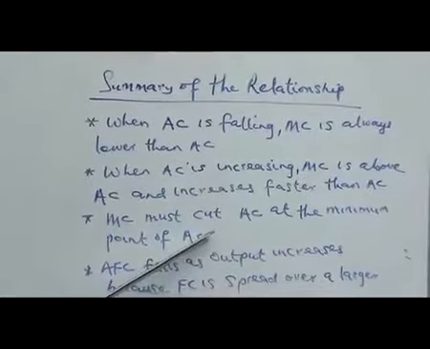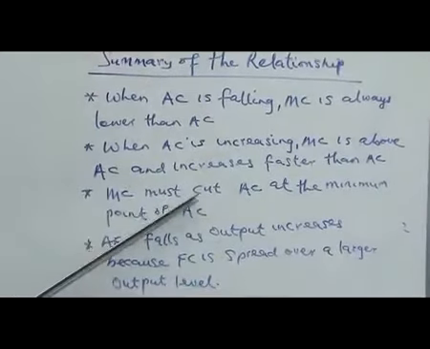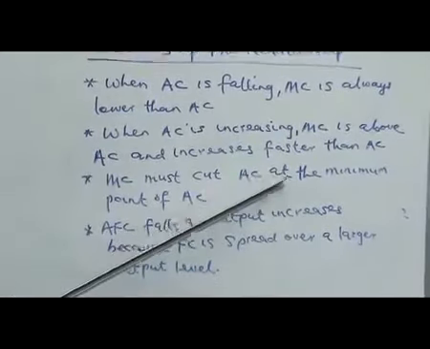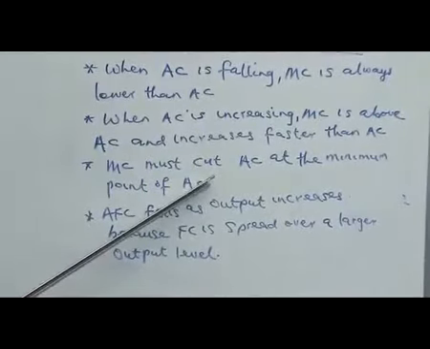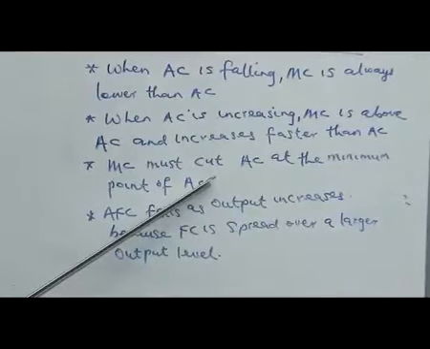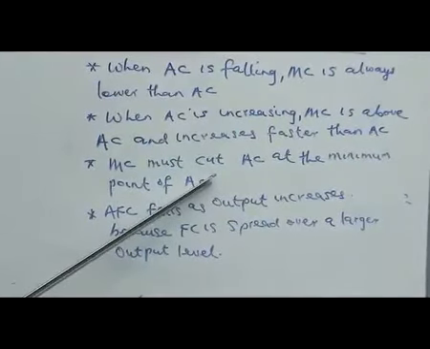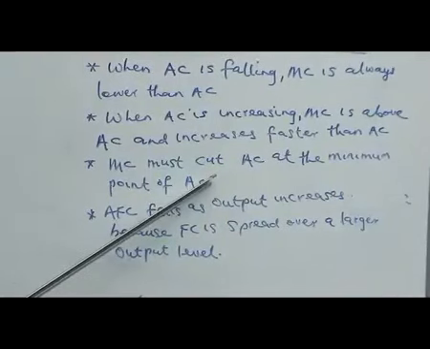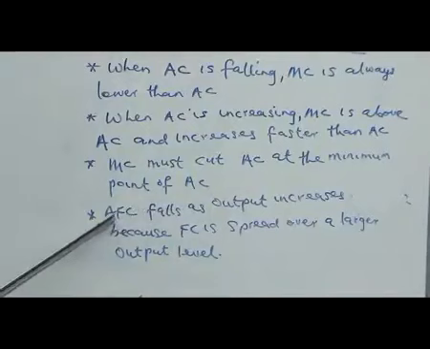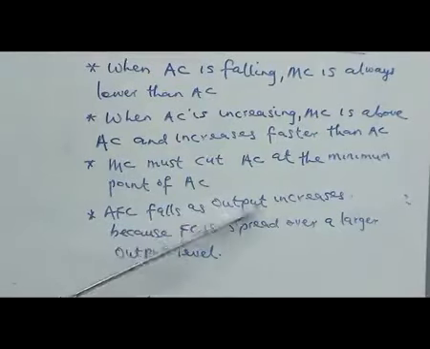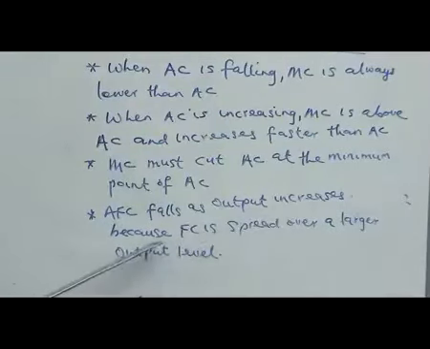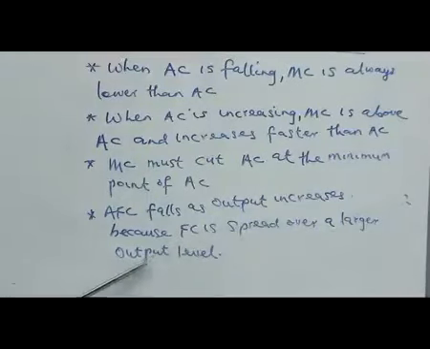So marginal cost must cut average cost at the minimum point of average cost. We demonstrated that the point where MC and AC meet is referred to as minimum average cost. Then the last one, average fixed cost, AFC, falls as output increases because fixed cost is spread over a larger output level.